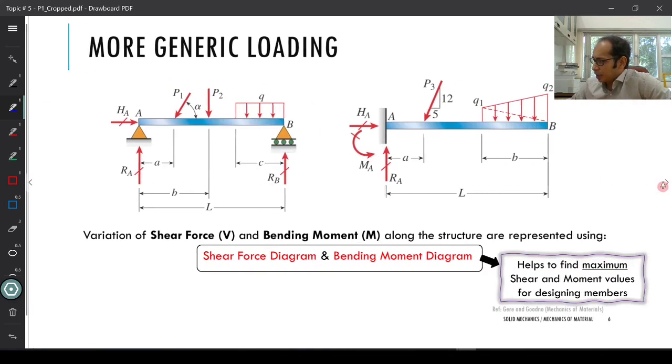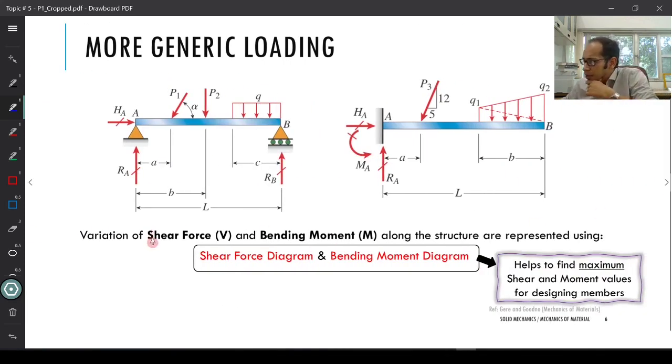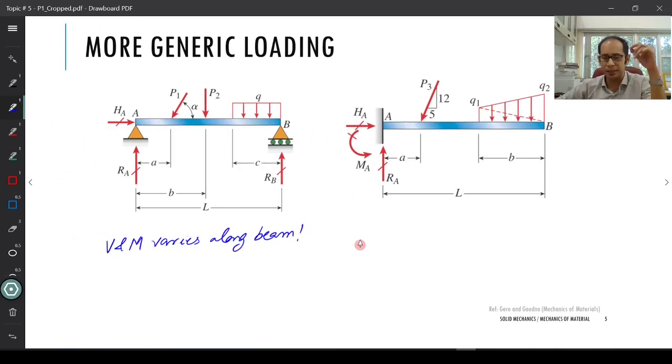So in a nutshell, the variation of V and the variation of the bending moment M. How do you represent the variation? What we saw in the previous page is that the shear force and the moment vary, but how do we capture that? The best way to capture that is to draw diagrams which show how, from end A to end B, depending upon the loading conditions and the structure, this shear force V and this bending moment M vary, right?